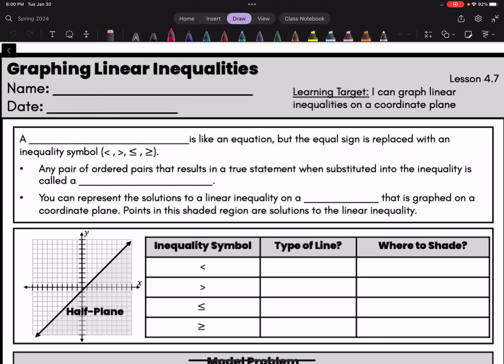So in part 2 of M2T3, we're going to look at graphing linear inequalities, and we'll also look at graphing systems of inequalities. So a linear inequality is like an equation, but the equal sign is replaced with our inequality symbols.